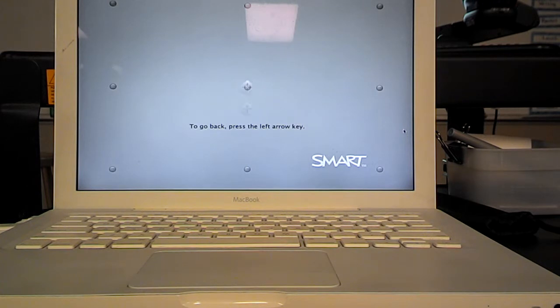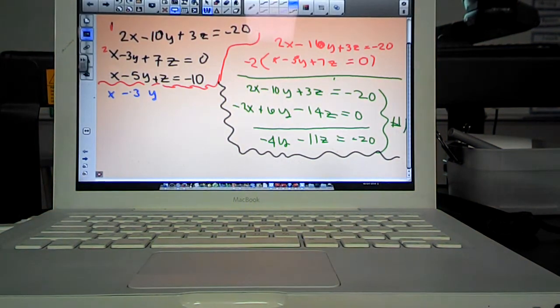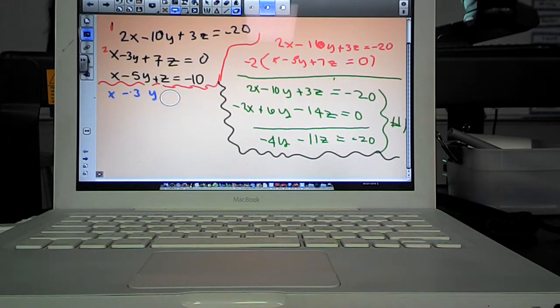I'm going to have to recalibrate because sometimes these things happen. Okay, so x minus 3y, as I've said before, plus 7z equals 0.